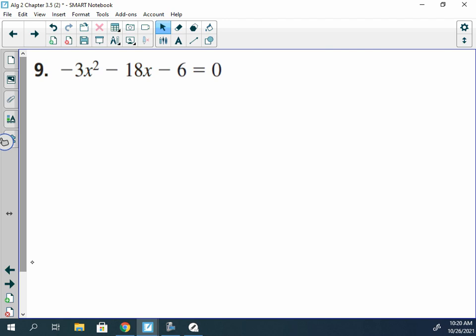I threw another problem in at the end because these are all well and good, but these here aren't fun. So I added this one in.